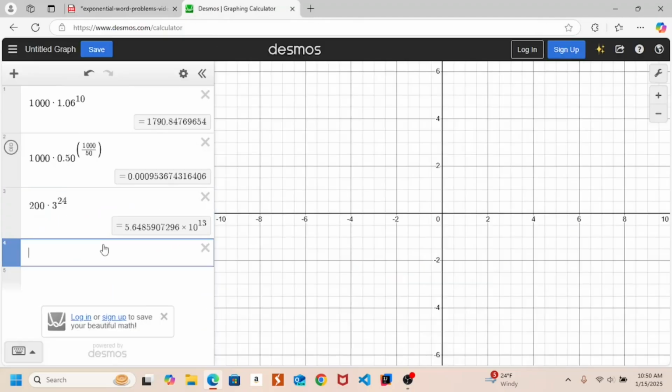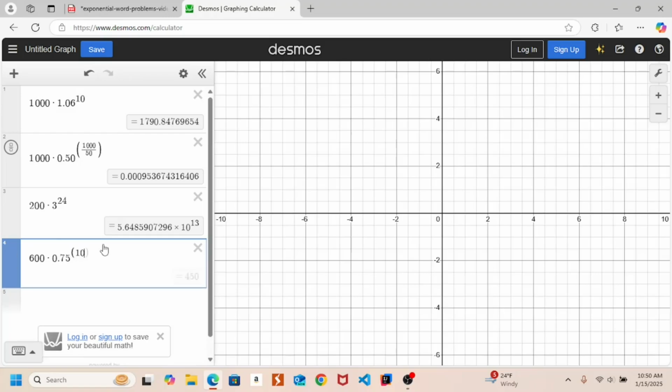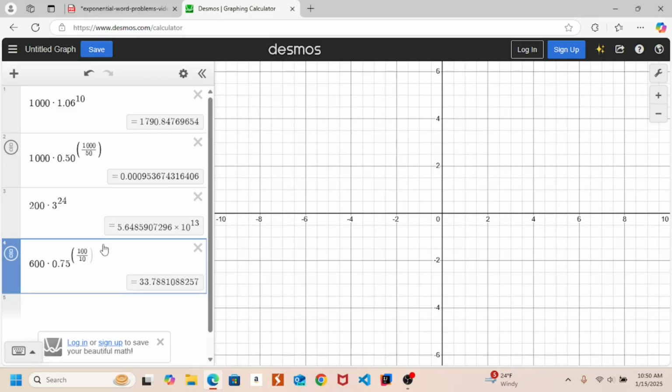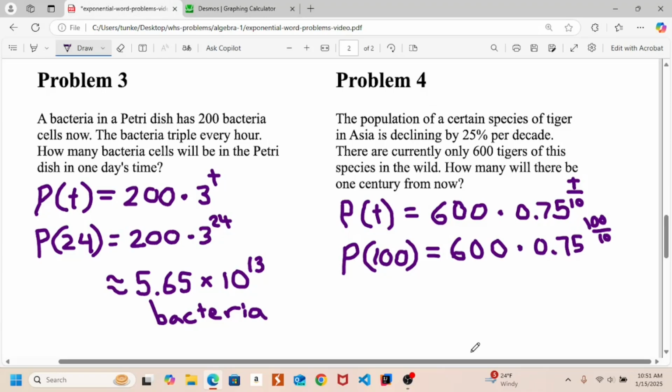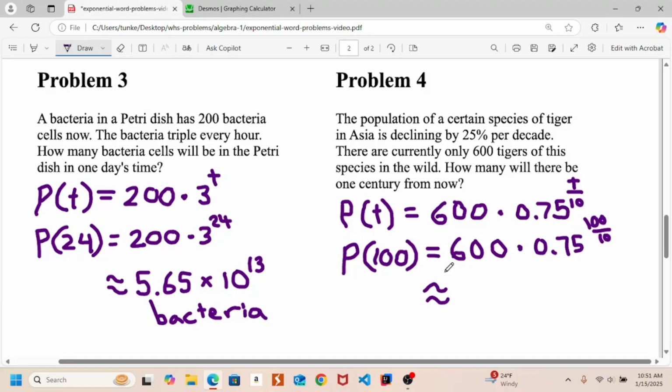So we're going to do 600 times 0.75 raised to the 100 divided by 10. So we have 33.78. So approximately after a century, there'll be 34, right? 33.78. So there'll be approximately 34 tigers left.